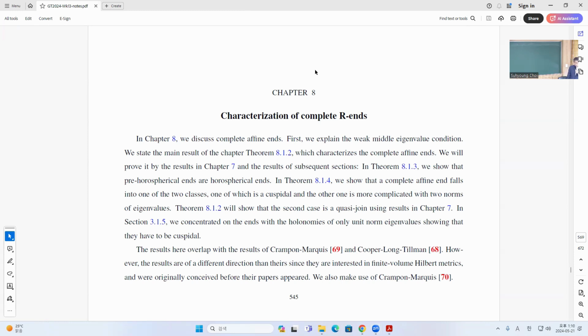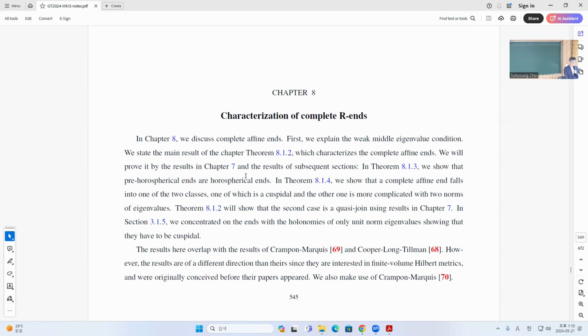Okay, so today I will do chapter 8, characterization of a complete Rn. Here in chapter 8, we just concentrate on a complete affine Rn, and the main result is the one characterizing the complete affine Rn.